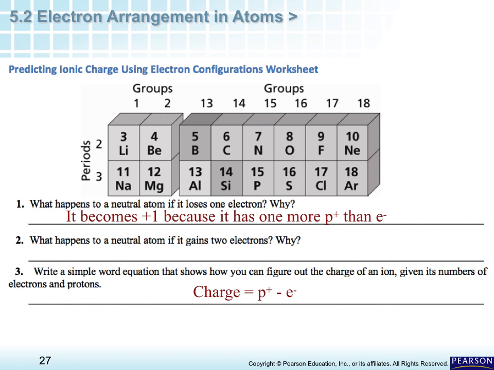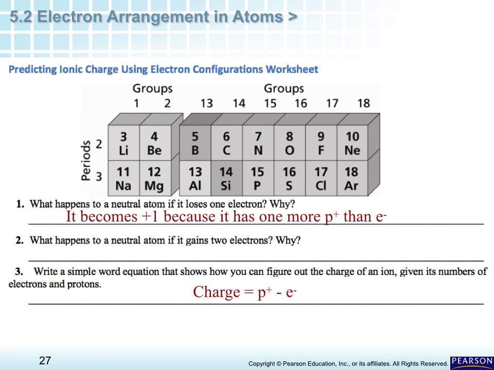Protons are positive, electrons are negative, and when you're looking at the periodic table, the atomic number, let's say F is 9. Well, that atomic number tells me how many protons are in the nucleus, and then F, if it were to lose one, that would be 8.